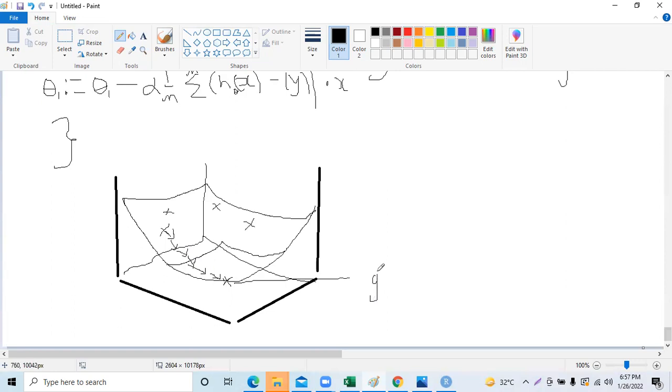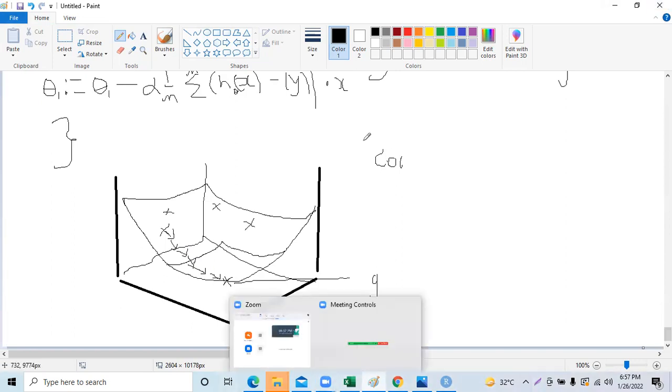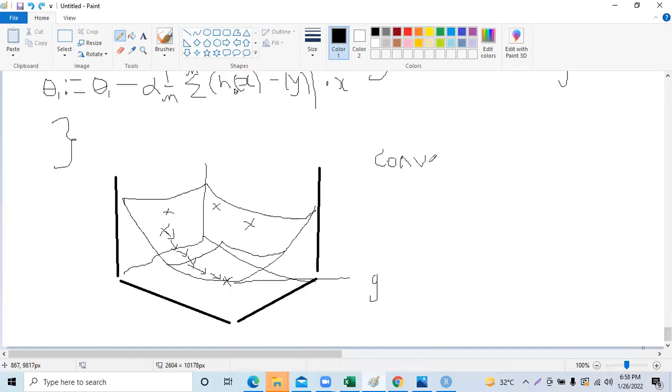So this is a convex function, right? It's called the convex function because of the shape of the curve. And of course, this is called the global minimum.